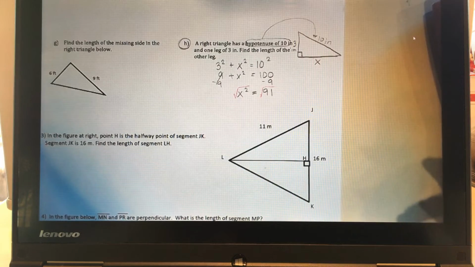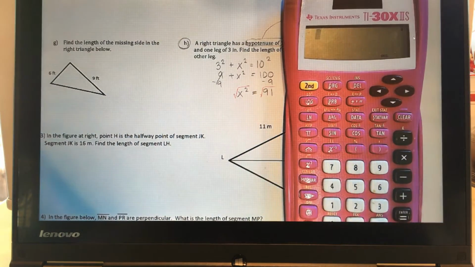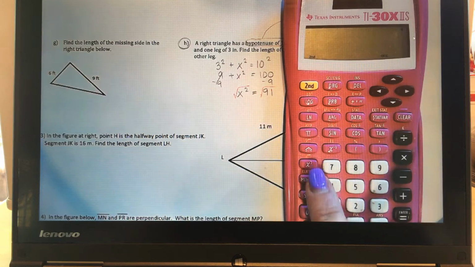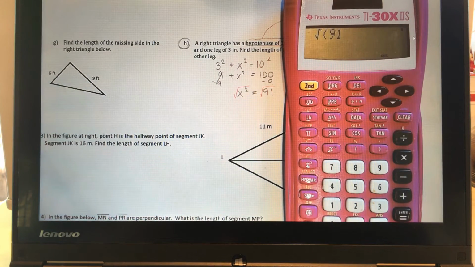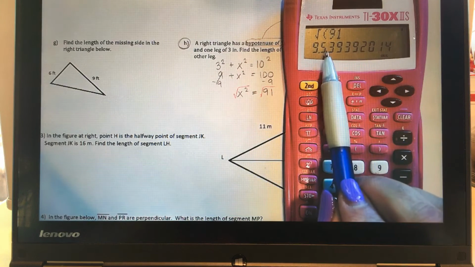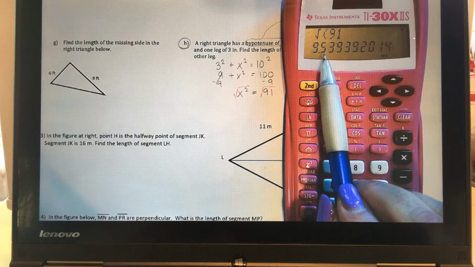So if we were to find the square root of 91, again, in my calculator, I have to put the square root sign first and then 91. In your calculator, you might put 91 and then hit the square root button. The square root of 91 is a very long decimal. We're going to go ahead and round to the nearest tenth. That's what we did when we estimated those non-perfect squares last week.